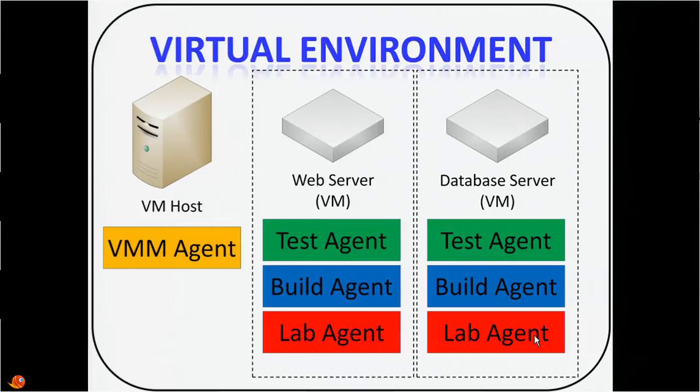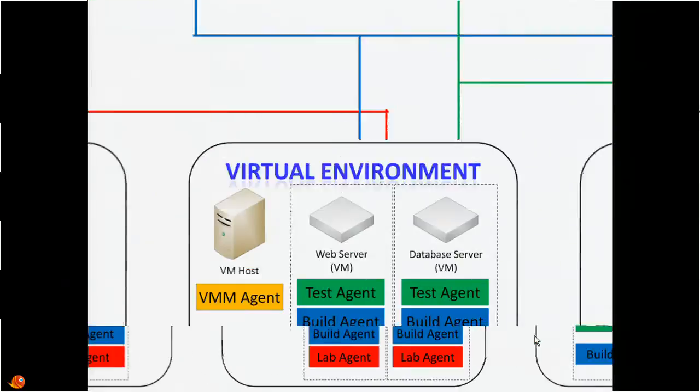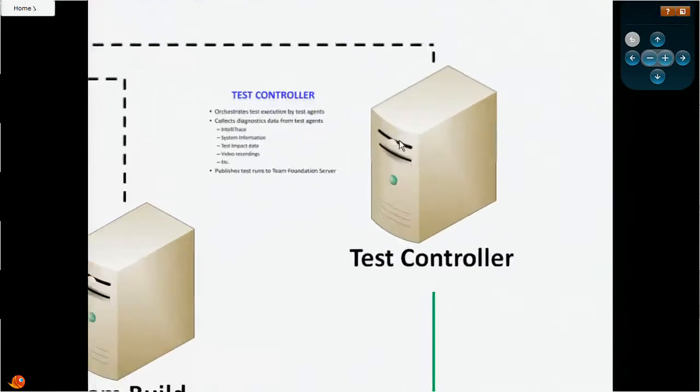If you saw yesterday when I modified the test settings to say what information we wanted to collect off of each role within my environment, so I want to capture a video recording over here, an IntelliTrace file over here, an event log over here, the test agent is also responsible for packaging up that information on a per machine basis and publishing that back as part of the test results to the test controller.